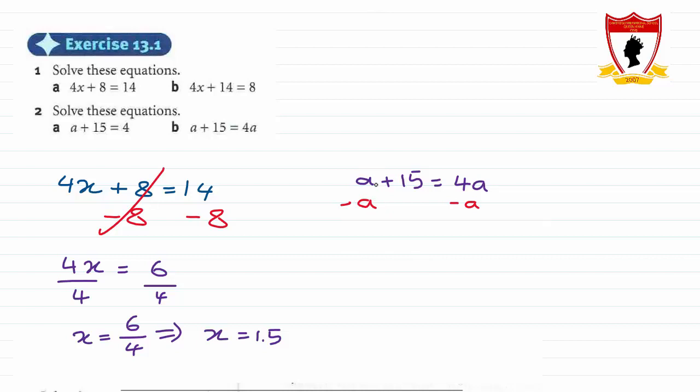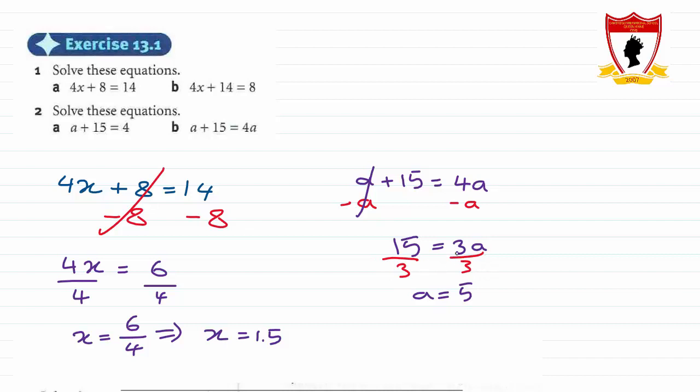Then a will be cancelled here. 4a minus a, what's remaining on the side is 3a. 3a is equal to 15. Straight away you can see that a is equal to 5 because 3 times 5 is equal to 15. Or you can say divide both sides by 3.